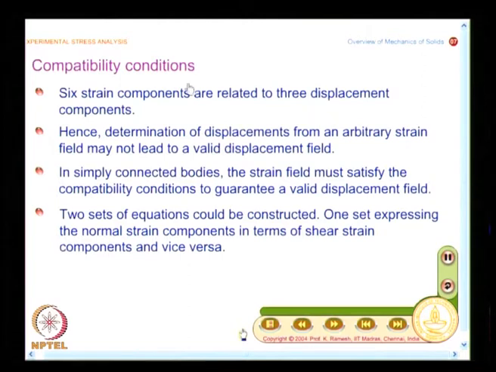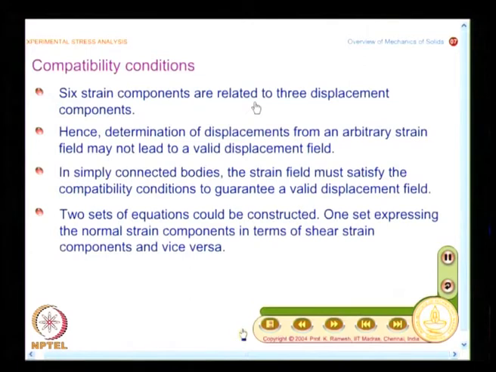From displacement to strain is a simpler exercise, but knowing the strain components, finding out displacement, you have to bring in the equations of compatibility. If you do not bring in equations of compatibility, you will not have deformation consistent with the loading applied.